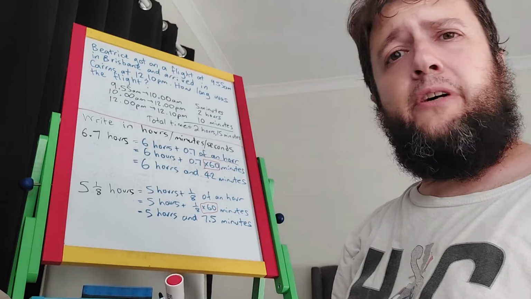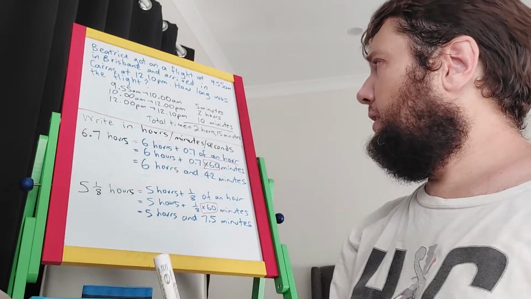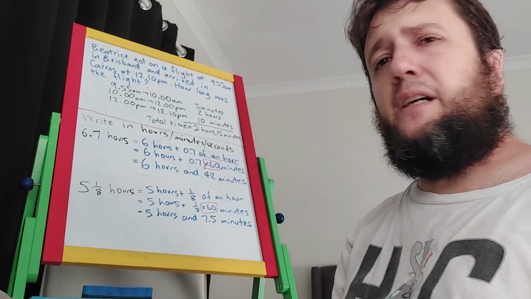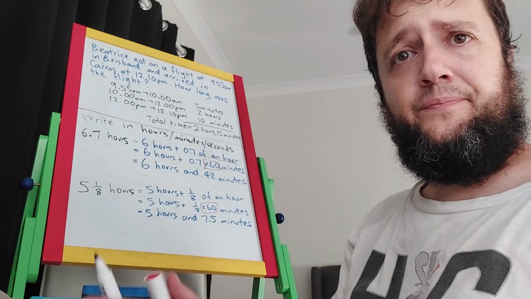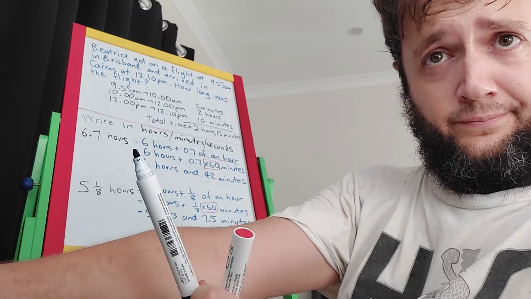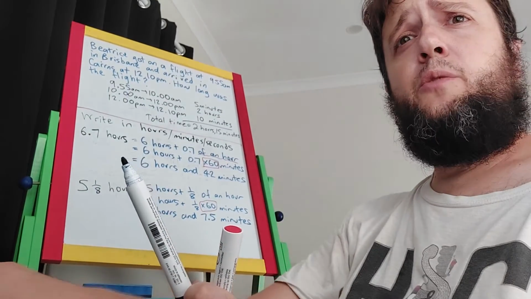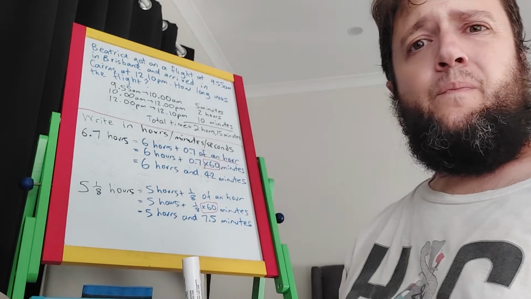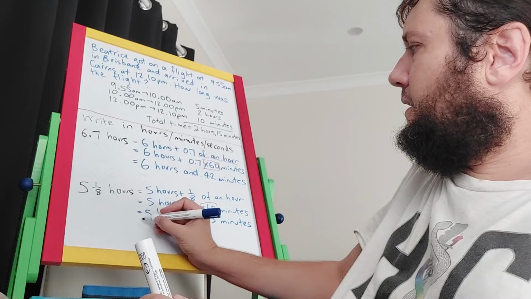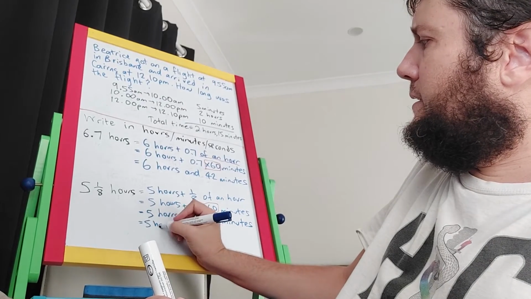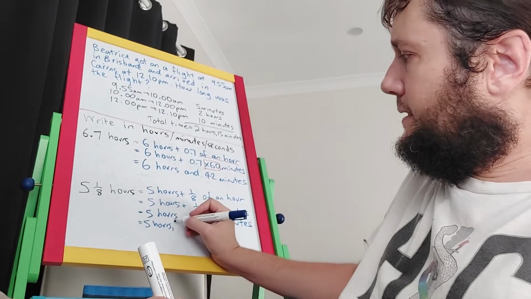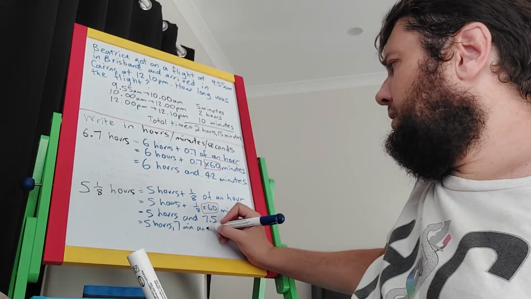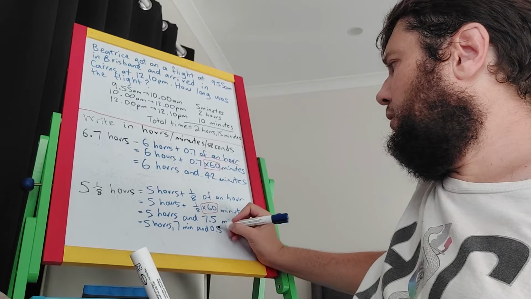And yeah, it keeps going though, because the question said to write in hours, minutes, and seconds. So we need the number of seconds for that. Now, which way do you want to do that? I'll do it the same technique we used here, okay? I'm going to call it 5 hours, 7 minutes, and 0.5 of a minute.